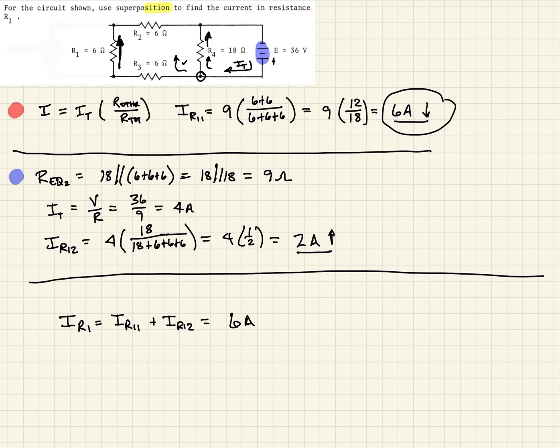Remember, that's going down. But the current from the second source is going up, so it's working against us. So we put a minus sign there, minus 2 amps. When we calculate that out, the total current through that resistor should be 4 amps going down through R1.